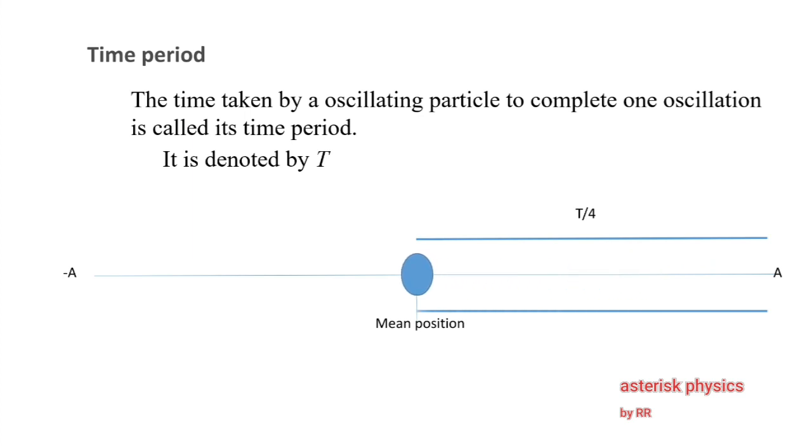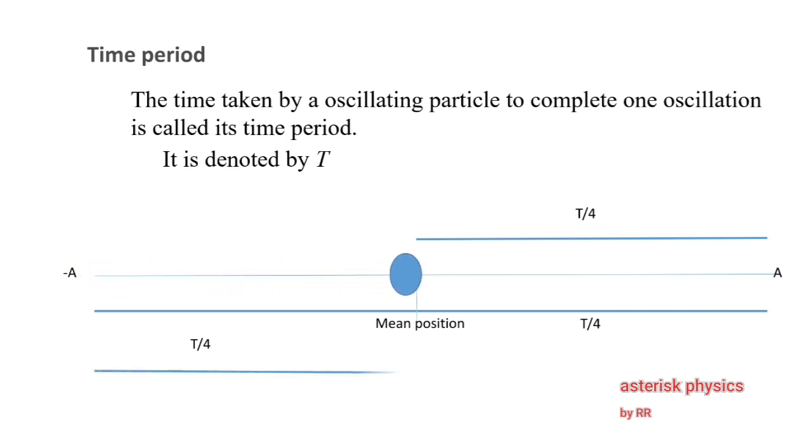Due to inertia, it overshoots that position and goes to the other extreme position, minus A, and again comes back to its mean position. This is what we call one oscillation. You can see that when the particle completes one oscillation, the path traced by the particle is a sine wave or a sine curve.